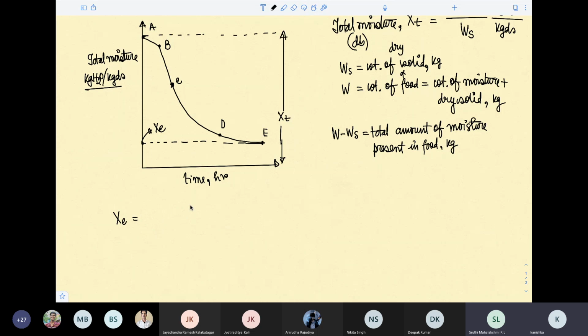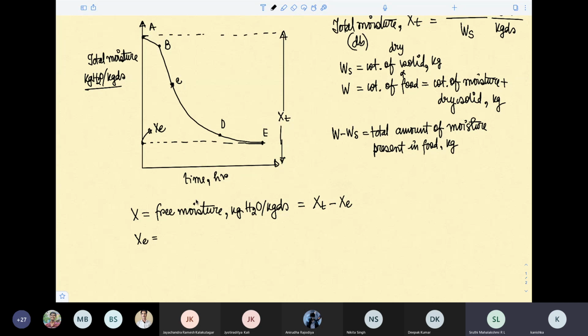Before I write this, let's say X is the free moisture. Don't confuse this with the X total. Free moisture, kg H2O per kg dry solid, equals Xt minus Xe. Now what is Xe?